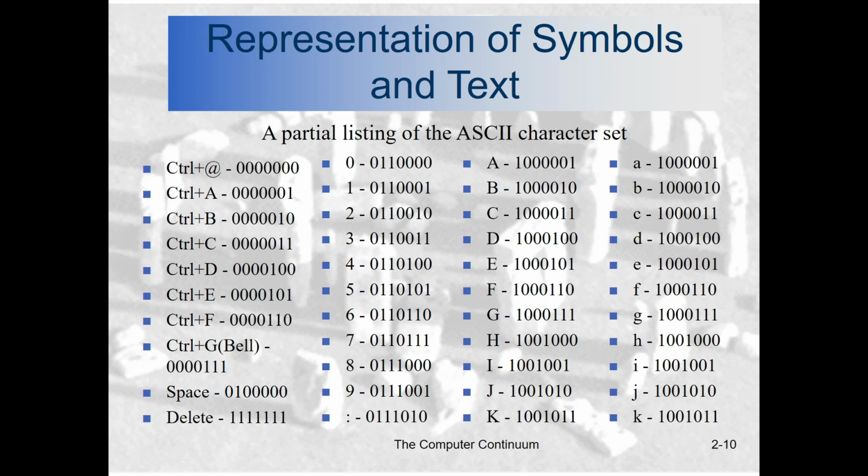So that's the simple representation of ASCII characters. Okay, so that's how we convert everything into binary, and that's how our computer understands our A, B, C, and 0, 1, 2, whatever we have on our keyboard. That's how our computer understands it.